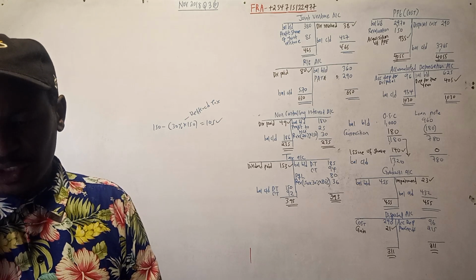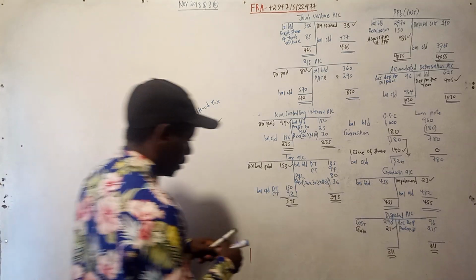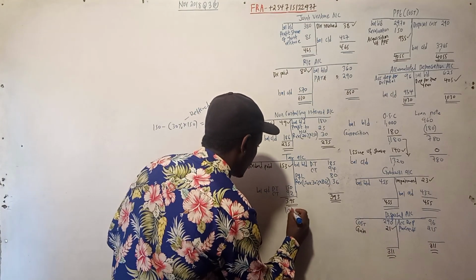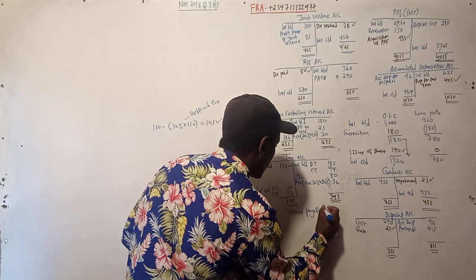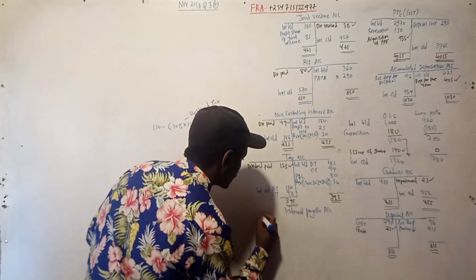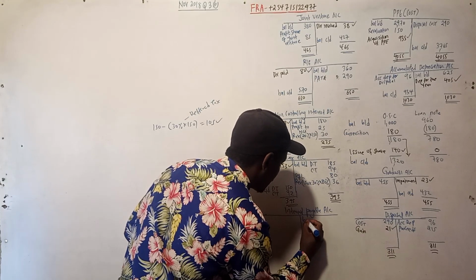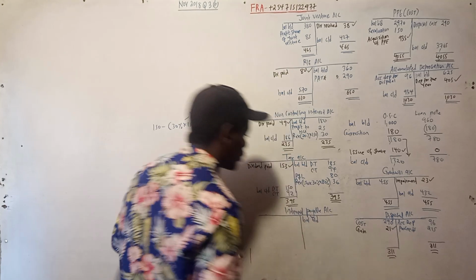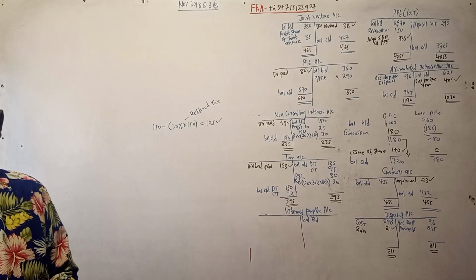If you go to our balance sheet, we have the interest payable account. Now, the balance at the beginning. Because it's a liability, the balance is on the credit side.